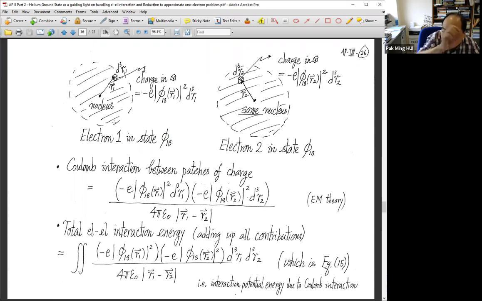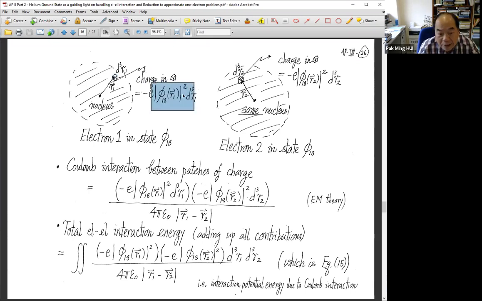It is the patch, this shaded region I try to depict. That particular term in the integrand means the following. Electron 1 is here in that box with probability given by the wave function squared times the size of the box. If you multiply by minus E in front, this is the charge of this tiny bit belonging to electron 1. If you integrate over all this, that will give you minus E, because this wave function is normalized.